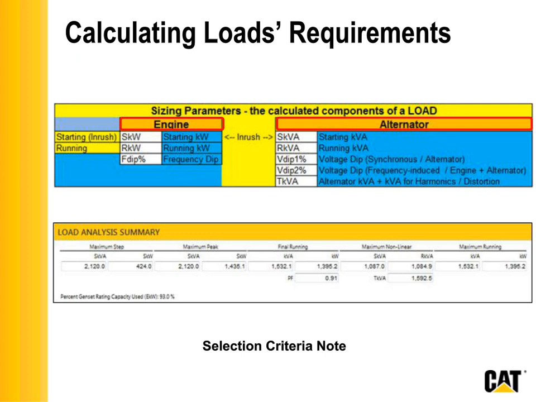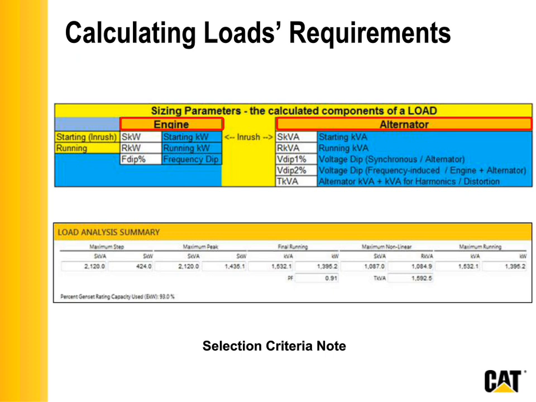So if you're trying to reduce the size of the engine, you're working with your kWs, your RKW, your SKW, your running and starting. If you're trying to reduce the size of your alternator, your kVA, your RKVA, and your SKVA.